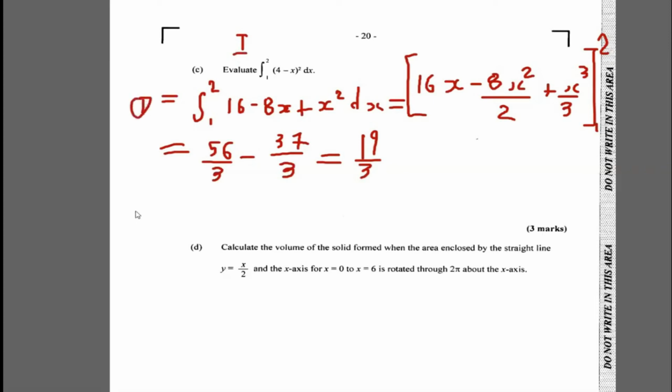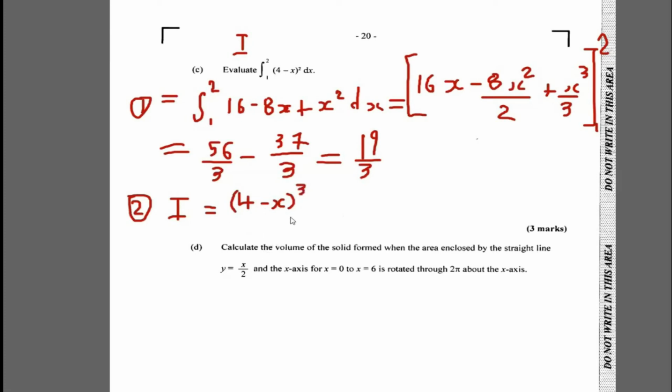Method 2, this is the method that most people will take. You're going to say that I is of course equal to, you add 1 to the power to get (4 minus x) all cubed, and then you divide it by -1.